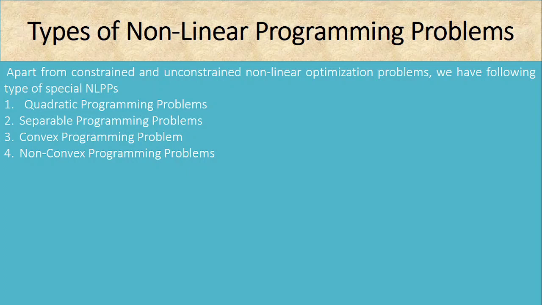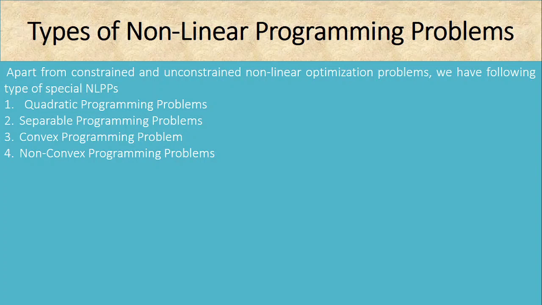And next is separable programming problems. In this, the objective function is in separable form, which means it can be separated into functions of the different decision variables.